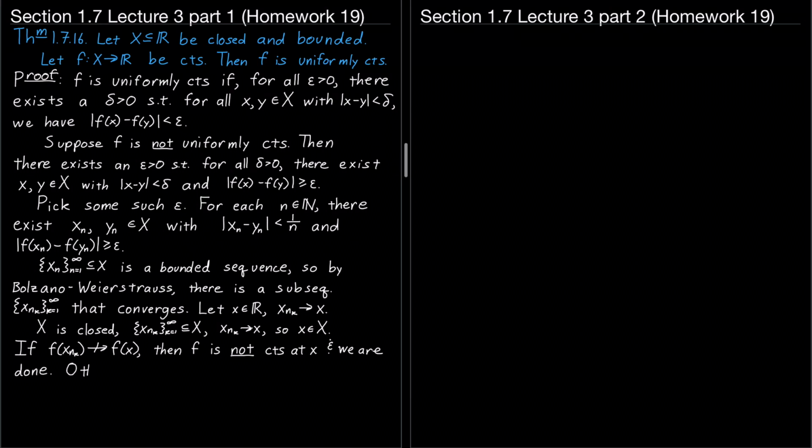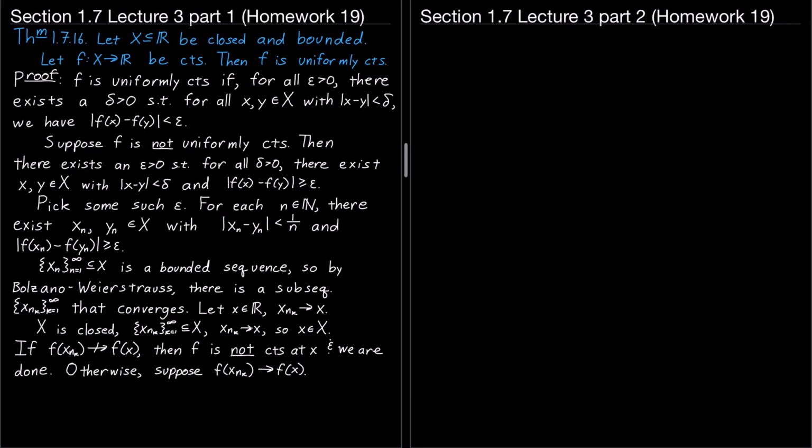Otherwise, we are going to suppose f(x_{n_k}) does converge to f(x). All right. Now we're going to need to show two things. The first is that the y_{n_k}'s converge to the same point, and the f(y_{n_k})'s do not converge to f(x).